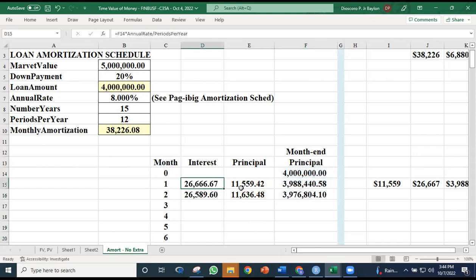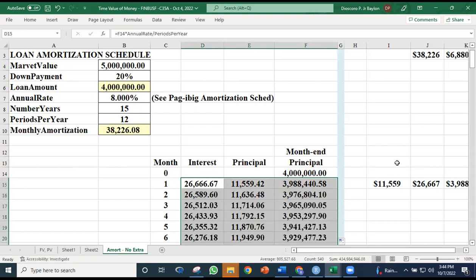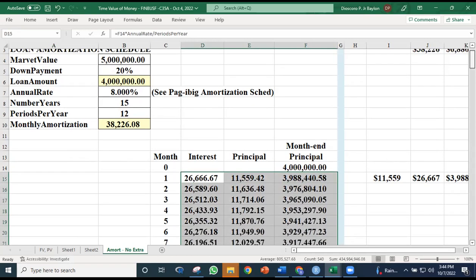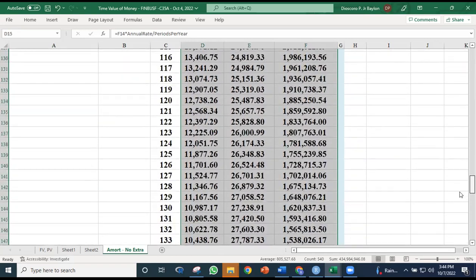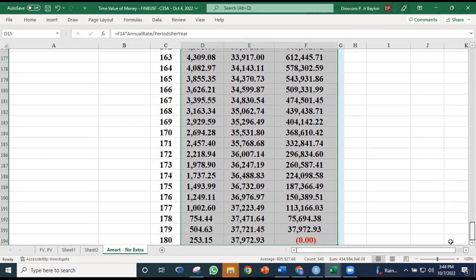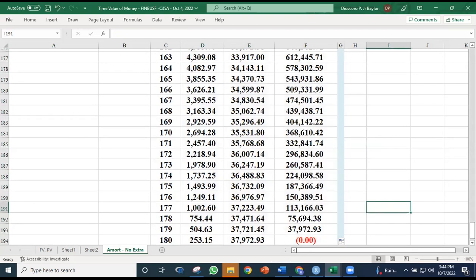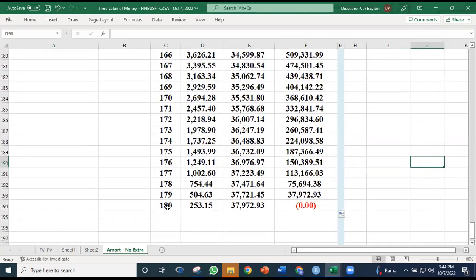Okay, so itong mga formulas natin dito is the same as the formulas here. Okay, so I can delete this now and I can just highlight this. And since may mga numbers dito sa tabi dito, no? I can now just double click this, and then I get now the whole process up to month 180. There. And if you can see, ang principal natin, by the time we get to month 180, is already 0 na siya.